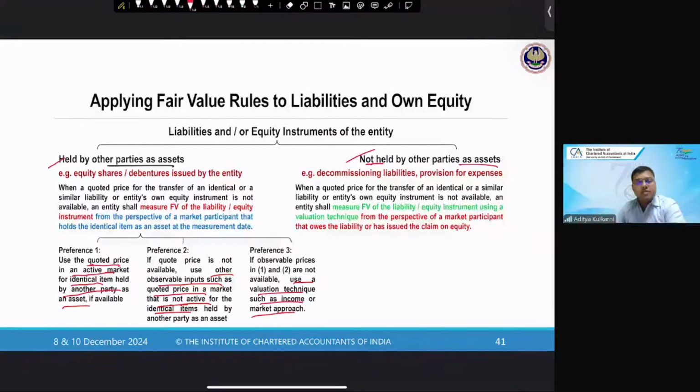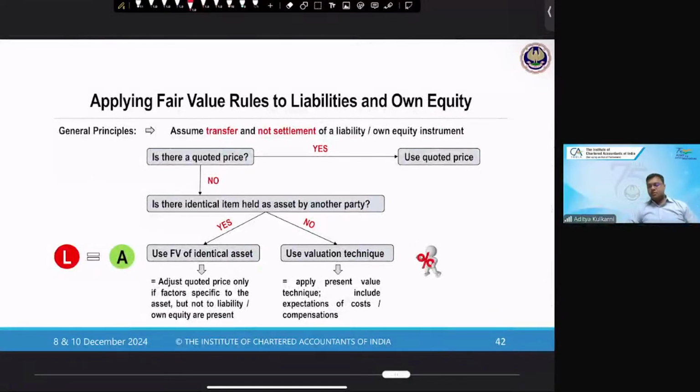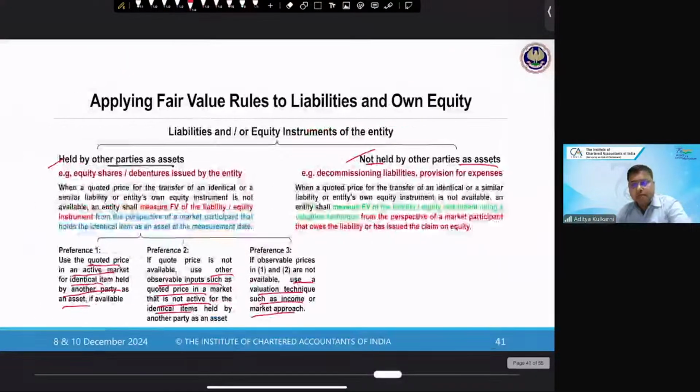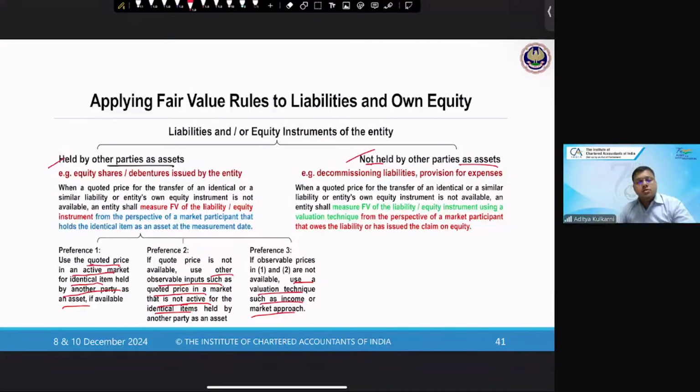Shall we proceed further? Yes, sir. Sir, there is a doubt here. Please ask. Sir, for the liability, what should be the income approach? How should we proceed, if it is a liability? You are talking about the held by other parties as assets, preference 3, what I marked just now, correct?